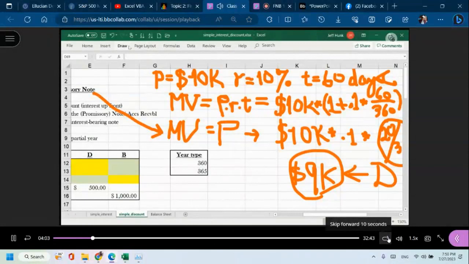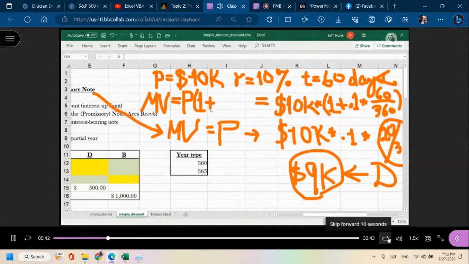If you ask questions in the discussion board, I will clear it up. This is only interest, isn't it? So actually what I did here is find the future value. In other words, the future value is the maturity value. That's what I wanted to say.